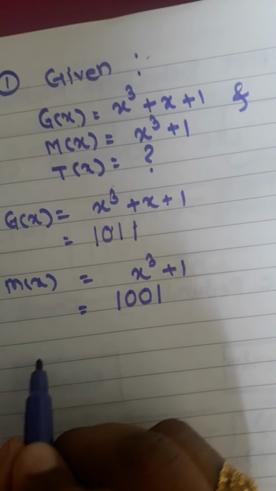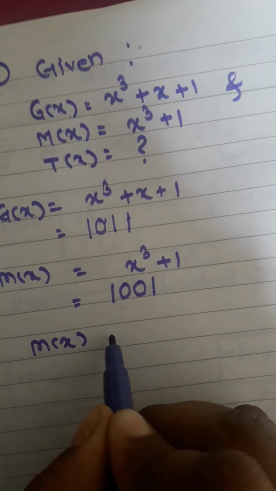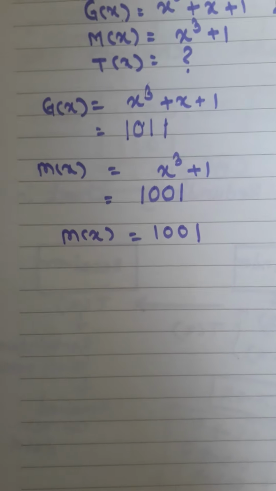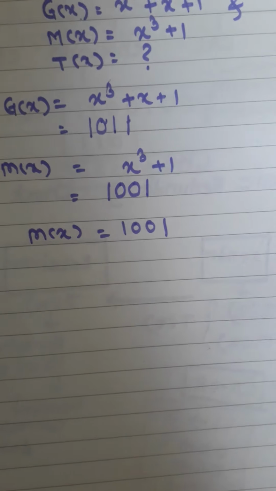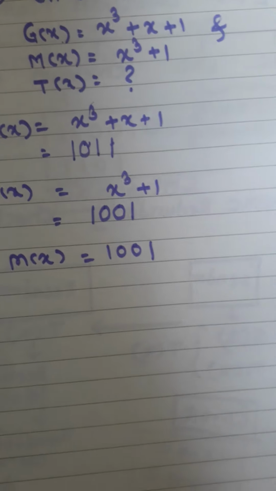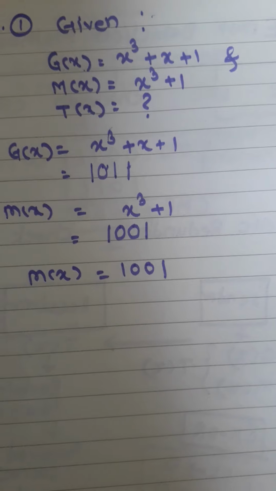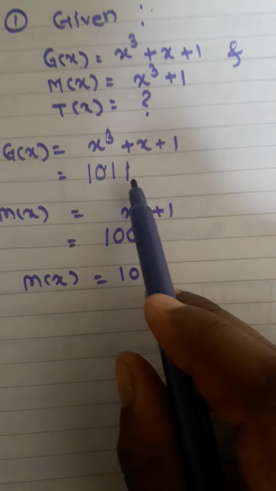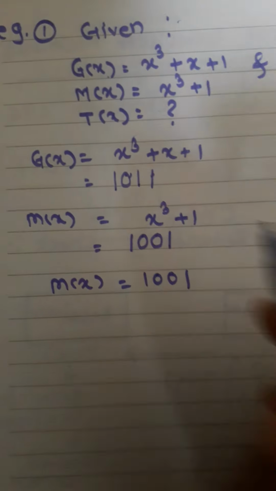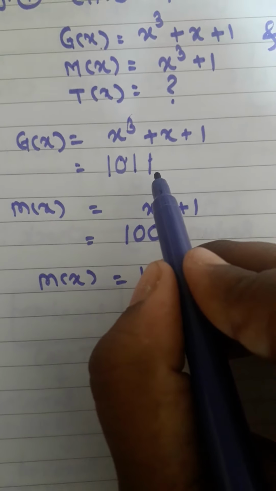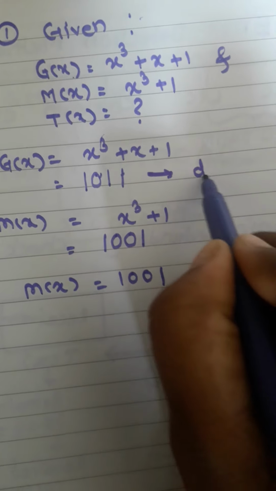Now what we have to do? In this given message 1001, we have to append a string of zeros. But how many do we have to append? Exactly one less than the number of bits of the generator polynomial. How many bits are present? 4 bits are present in this generator polynomial. This will work as a divisor.